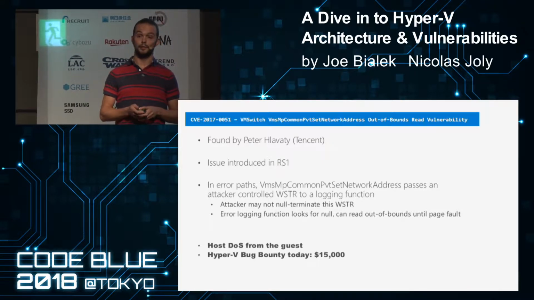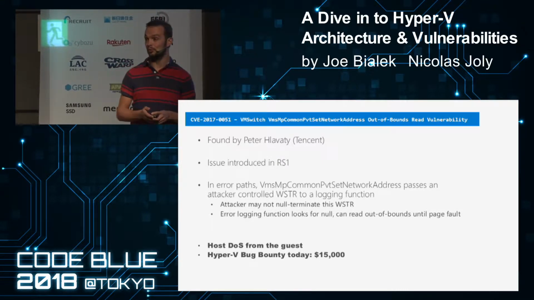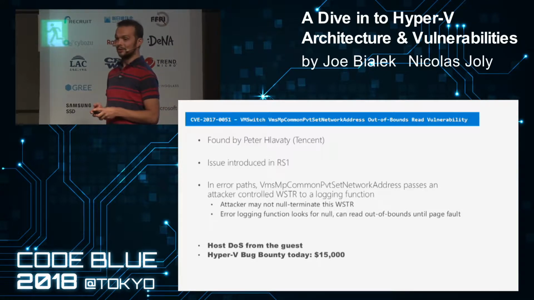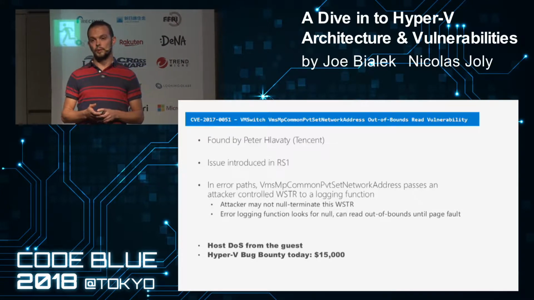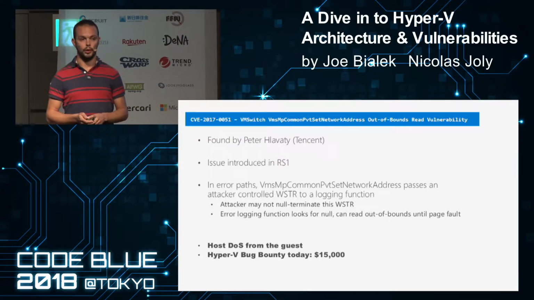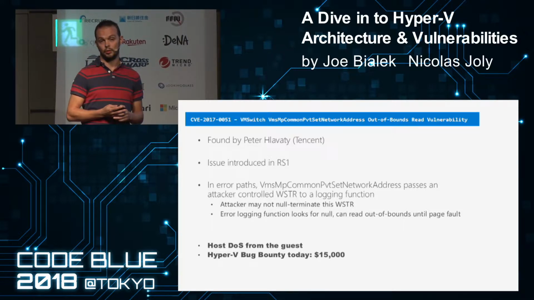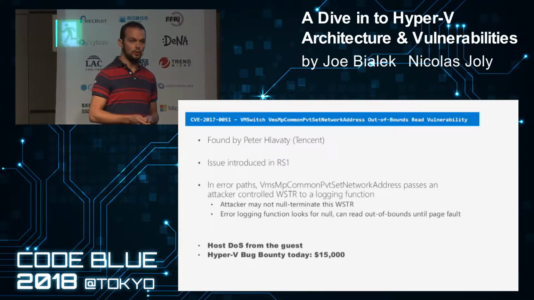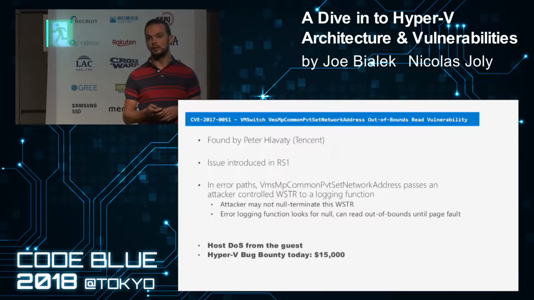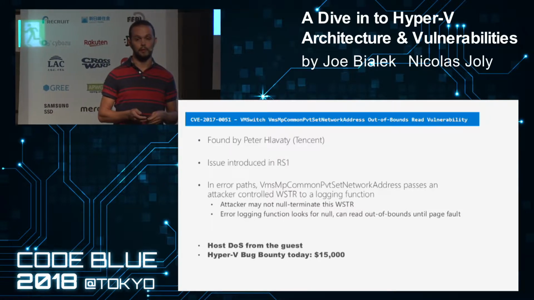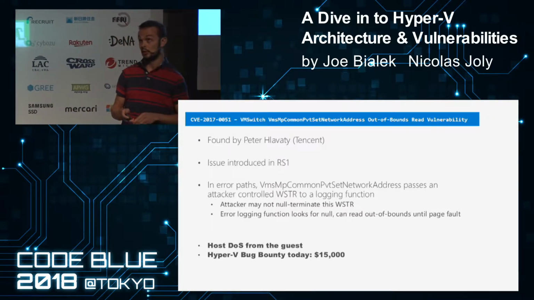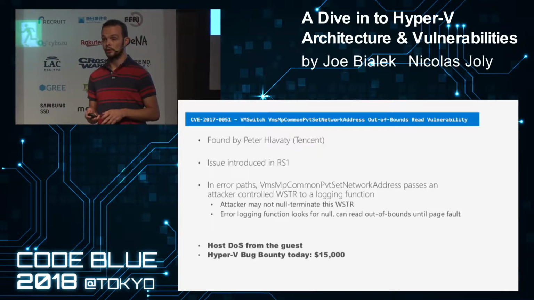Unfortunately for us, this bug had to do with a long string sent to the host. Peter found a way to trigger a crash in the host just by sending a packet that was embedding a string without a null character.